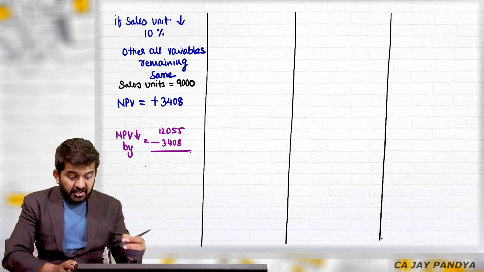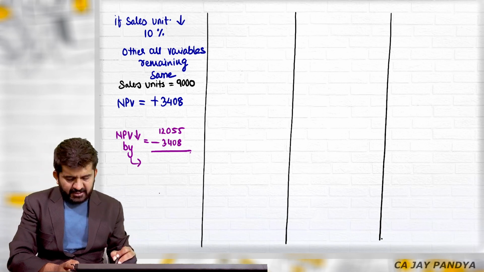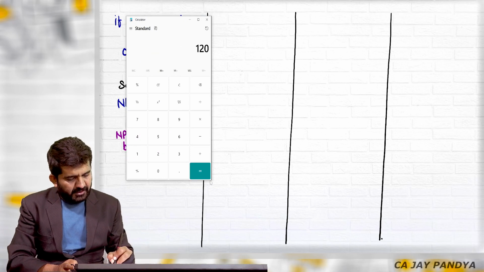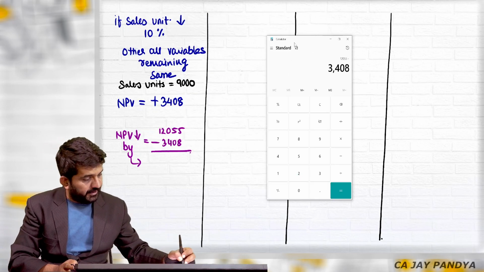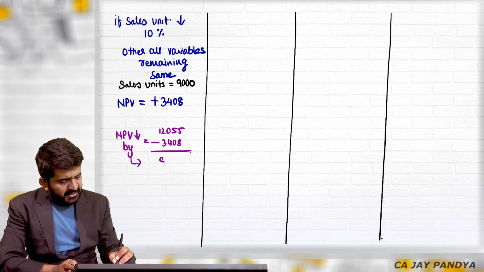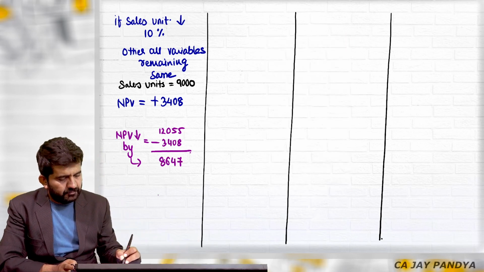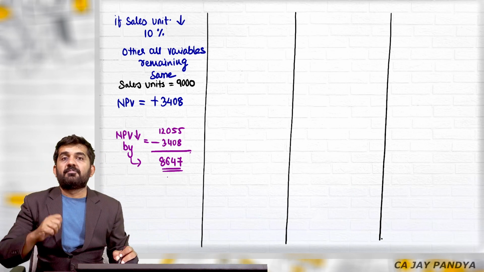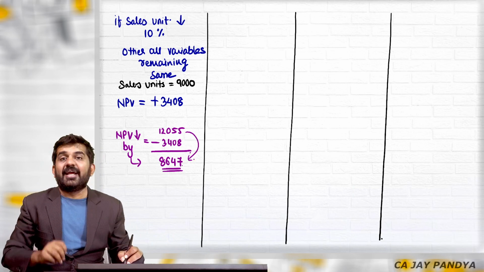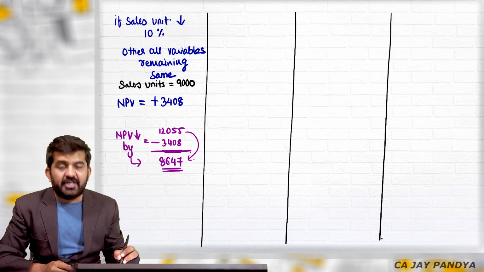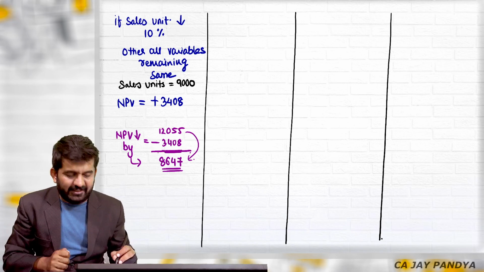So it has decreased by how much? 12,055 minus 3408 is 8647. From 12,055, it has decreased by 8647 and it became 3408.